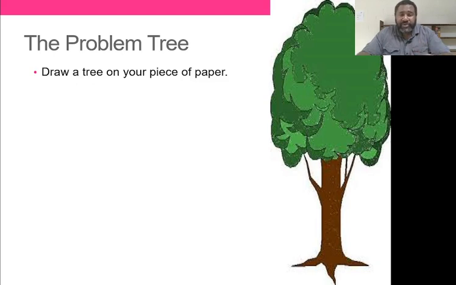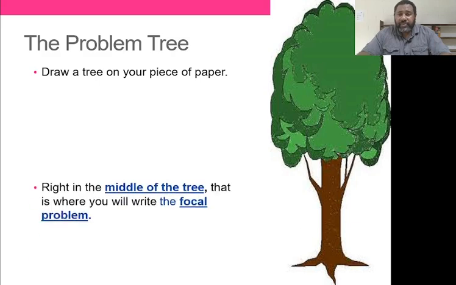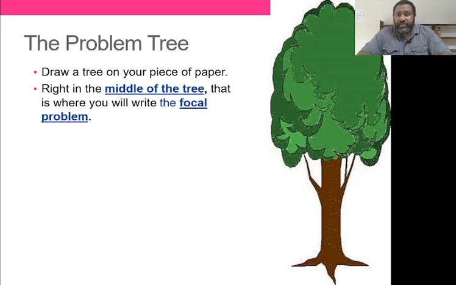Again, you can draw this on a piece of paper or on your laptop. You have the middle of the tree, the roots of the tree, and then the green part where the branches and leaves are, which is the crown of the tree.